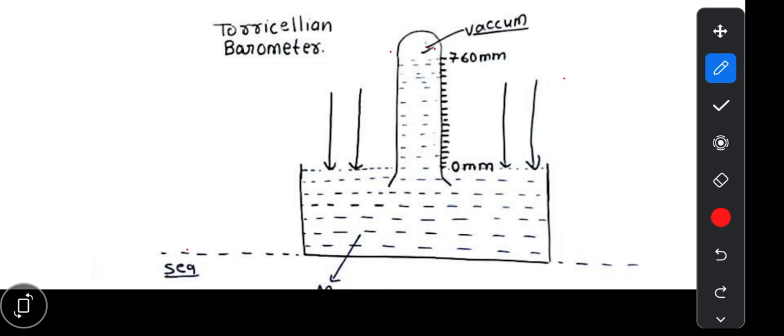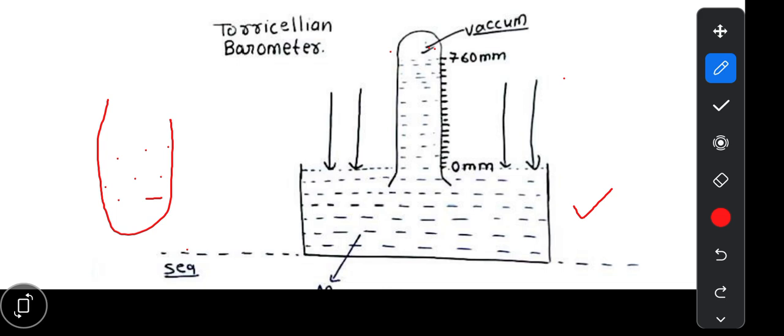You need a U-shaped tube and a flat container or a bowl, and both are filled with mercury.